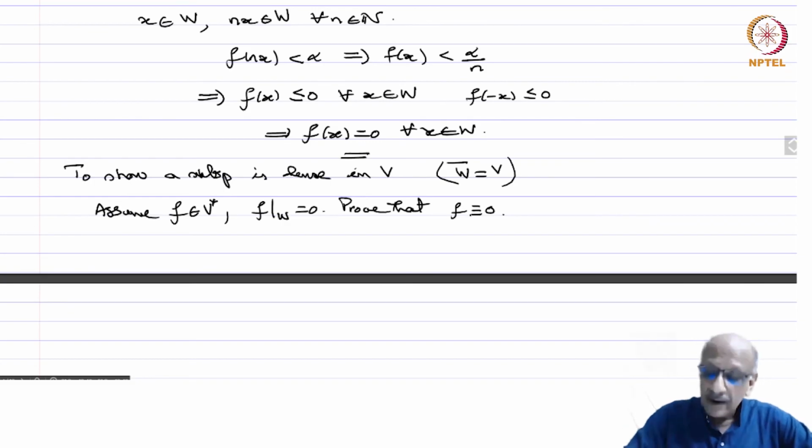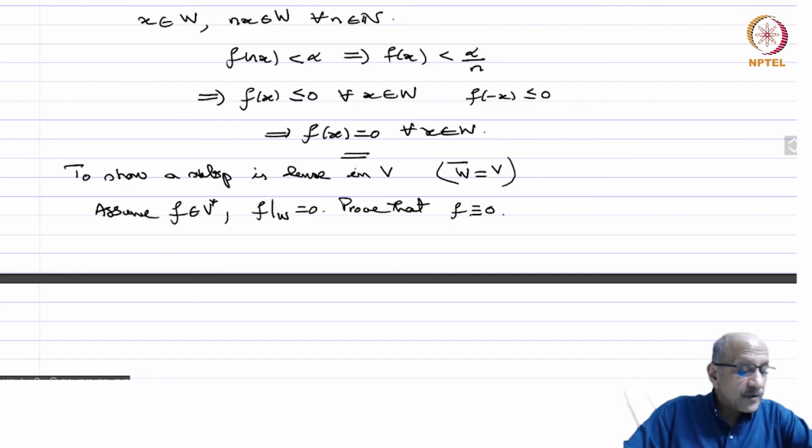But if you take f vanishing on W and show that it implies that f vanishes everywhere, that will prove that the subspace is dense. So this is how we prove the density of subspaces.